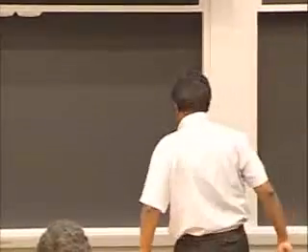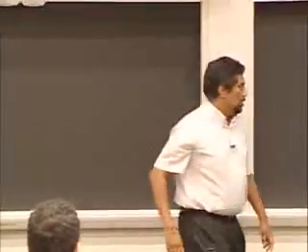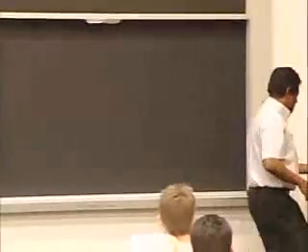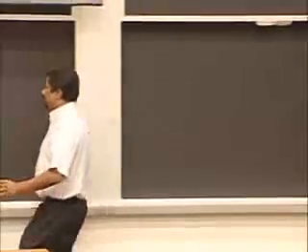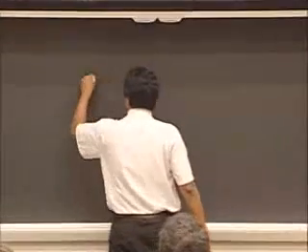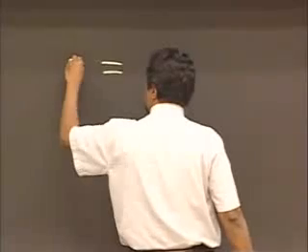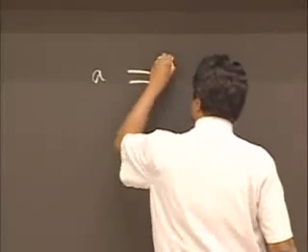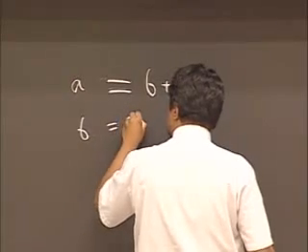We have chalk here. Oh, okay. A lot of chalk. So assume I have something like, say, A equals B plus 5 and B equals 3.